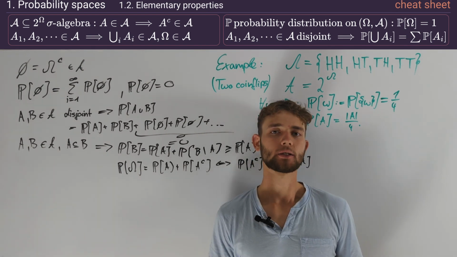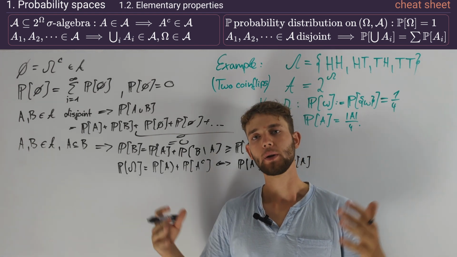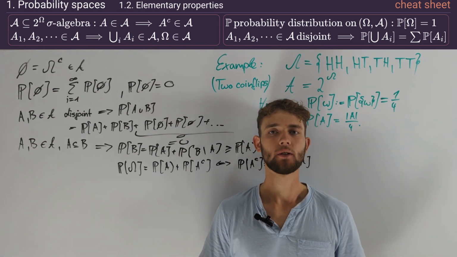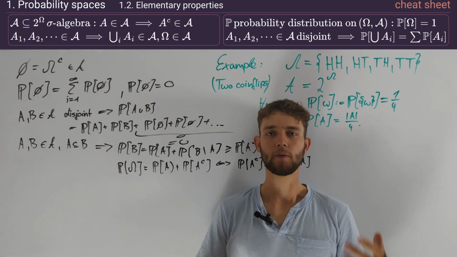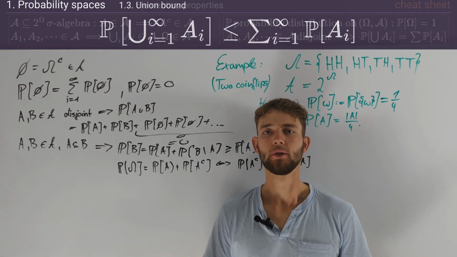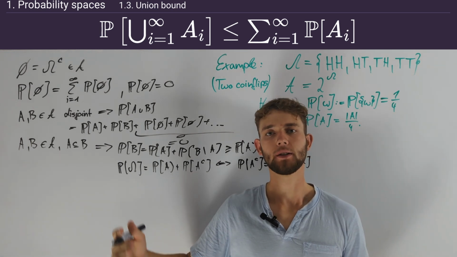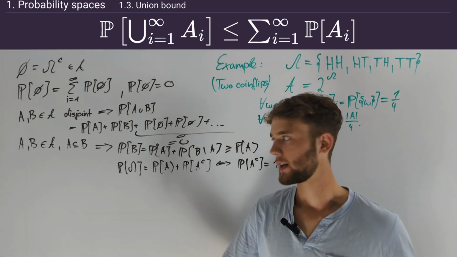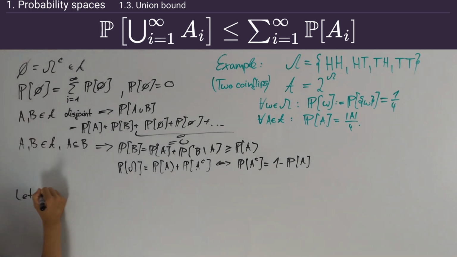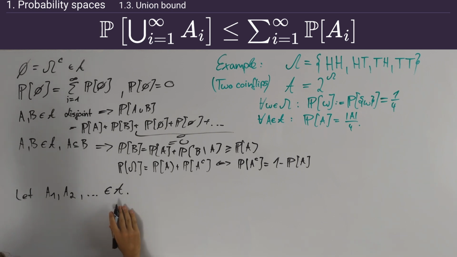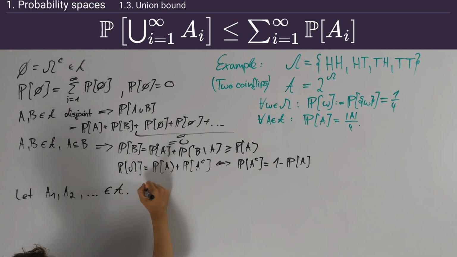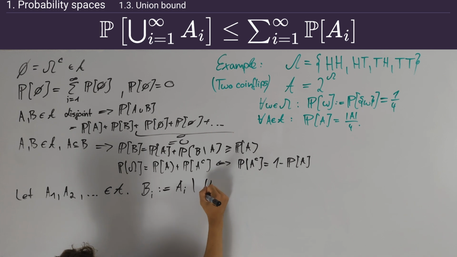In the second constraint for P, the sigma additivity, we require the A_i to be pairwise disjoint. We are now going to learn about two ways to fix this constraint. The first is the union bound, which gives an upper bound for the probability of the union of arbitrary events. Namely, let's pick A1, A2, and so on from our set A. We can use sigma additivity if we modify these events in such a way that they become pairwise disjoint. We do this by defining B_i to be the set A_i minus the union of j less than i, A_j.